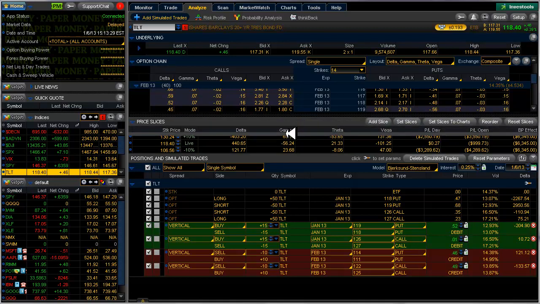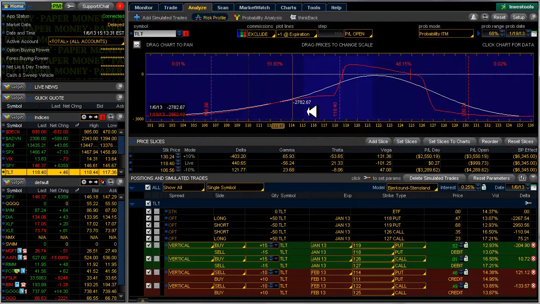Now when we look at the risk profile when we do this, it's going to look really screwy. But the point that I'm trying to make here is that it costs you 53 cents to get out of this, and then you're collecting $1 to go back in. So you made 50 cents on this trade almost by moving these down here.